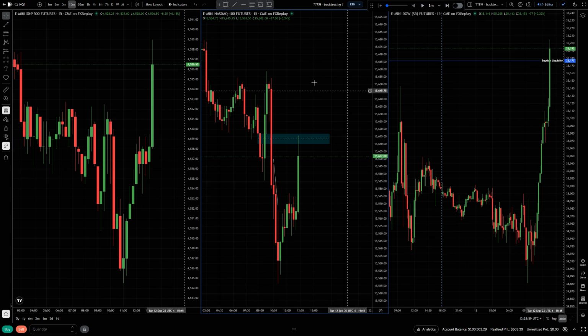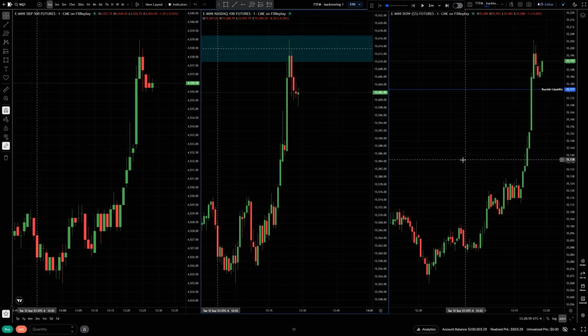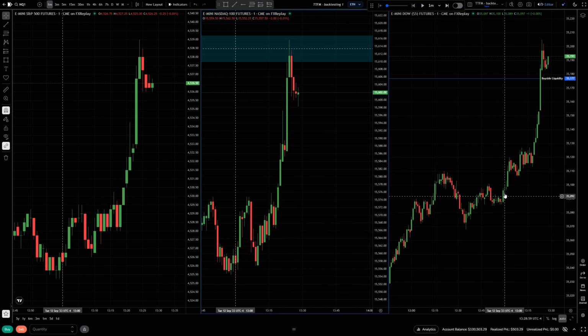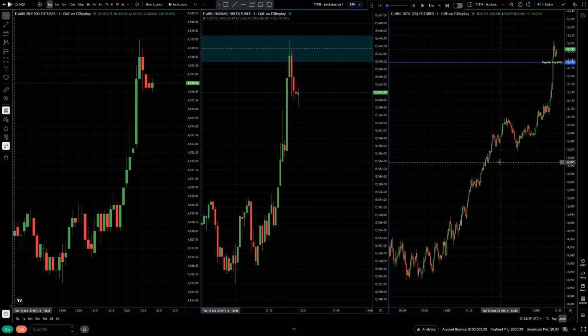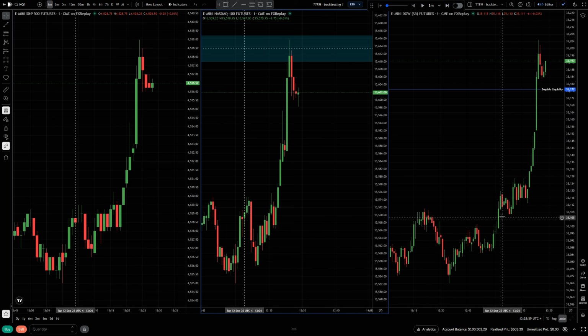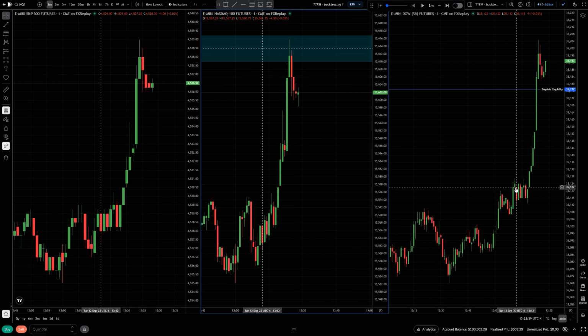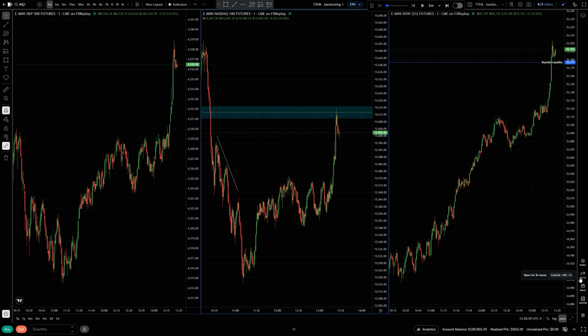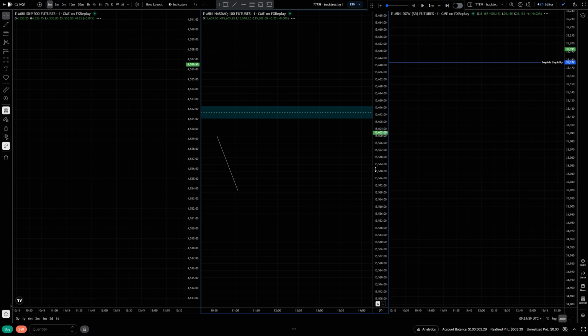So what was this? 1245. It's about here. Longing at the highest point of day with this gap and also this gap. I didn't like this. Let's go to the next session.